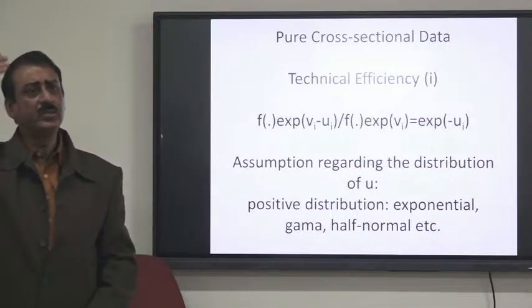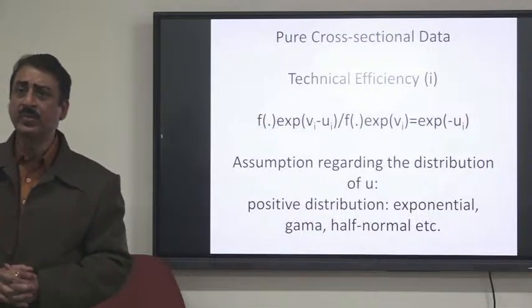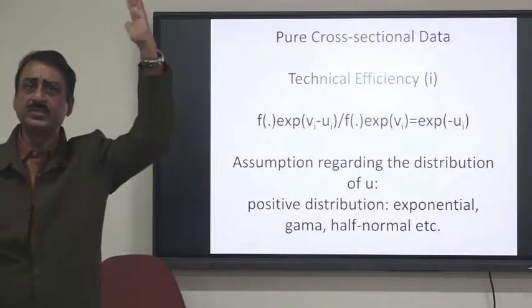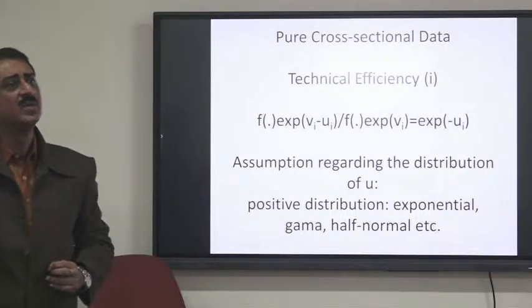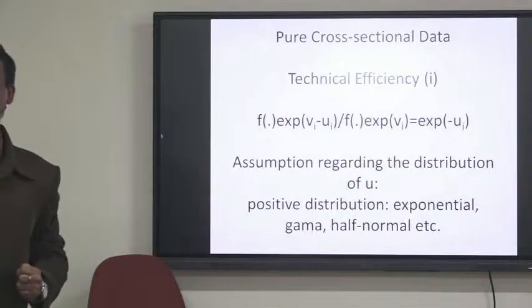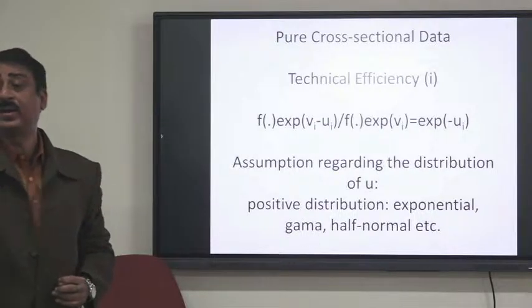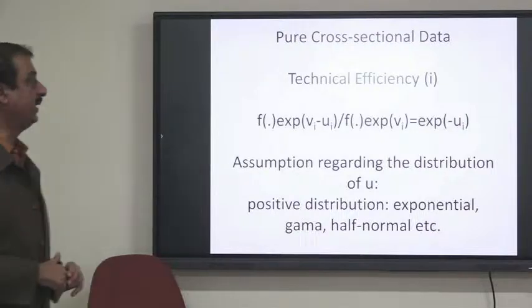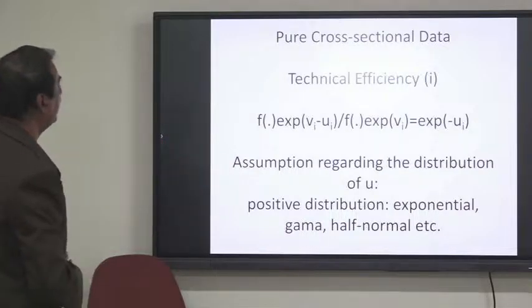That means they are not able to exploit the technology at all. And then there are some farms where you have very good leaders, where performance is almost 90%, 95%, and then there are some farms which are performing at a very moderate level. Then you will try to see why one is doing so well and why another is doing so poorly. You will be able to then identify. So it is very important to estimate the technical efficiency.